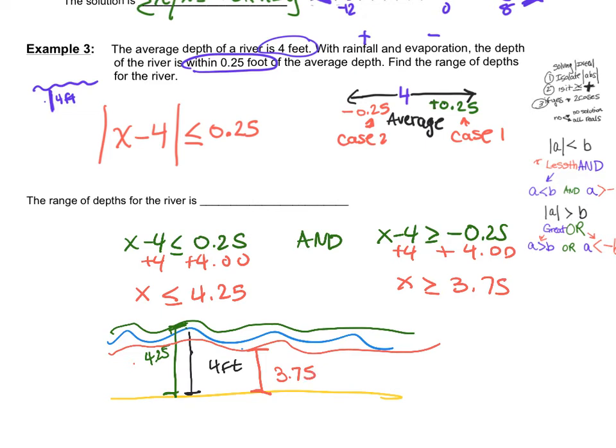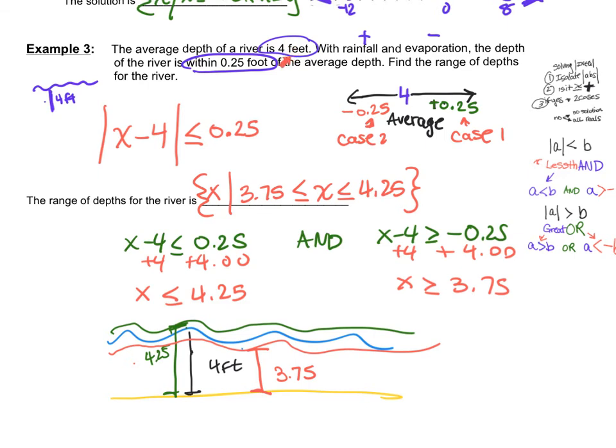Now, to write that in a solution set, you would say values of x such that you're between 3.75 and 4.25. That's the depth. If you look at it, it's kind of common sense. You don't need to go through all of this, but I wanted to make sure you understood it.